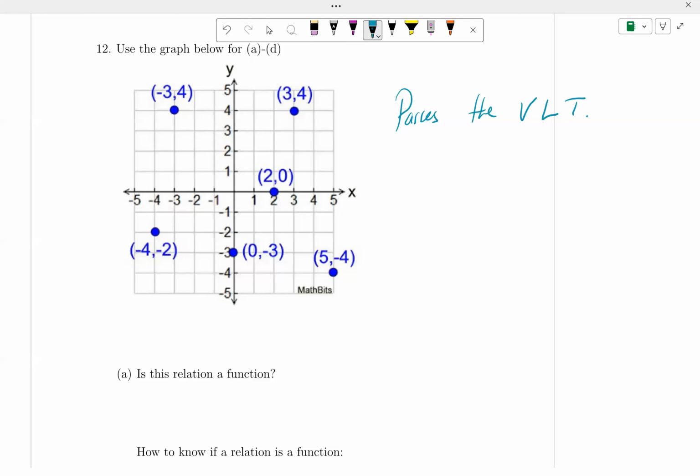What that means is if I were to draw a vertical line straight down through any of these points, I can only cross any of these points once. If my vertical line hits 2 points at any given time, it's failed the vertical line test. You can only cross once to be called a function. And this one passed. None of these vertical lines that are drawn are striking 2 points anywhere. Each one of them can only touch 1 point. So yes, this is a function.